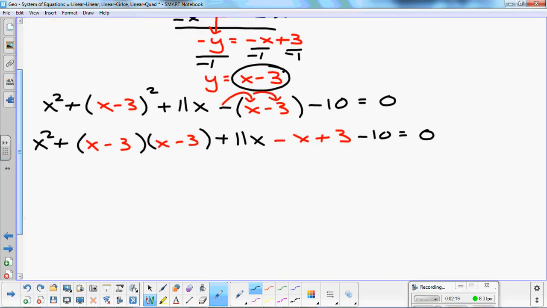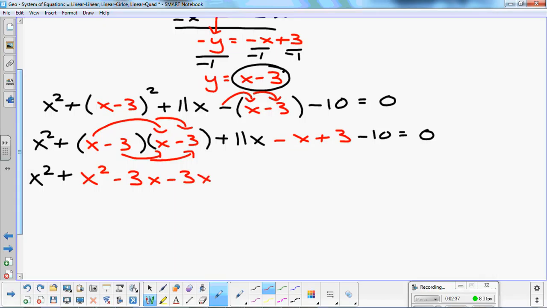My next step here will be to distribute out my parentheses here of x minus 3. So here I'll get x times x, which is x squared, x times -3, which is -3x, -3 times x is -3x, and -3 times -3 is +9, plus 11x minus x plus 3 minus 10 equals 0.